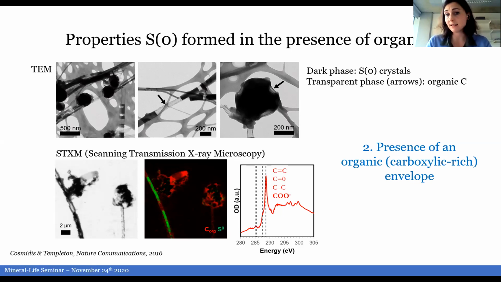And we could determine that it's an organic polymer. We can even get some spectroscopic information that tells us that it has a complex organic composition and it's dominated by a carboxylic group. So that's the second property of organomineralized sulfur. It's contained within a carboxylic-rich envelope.